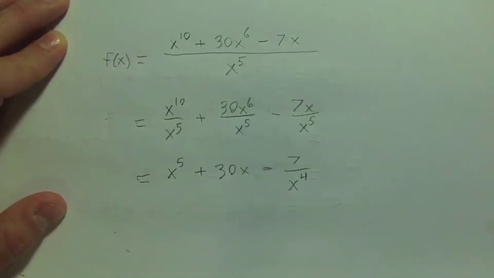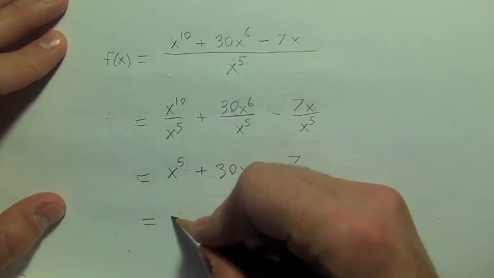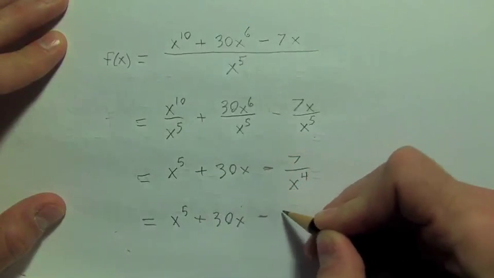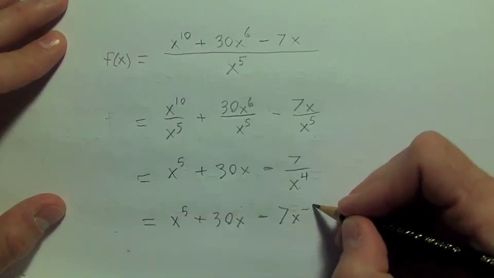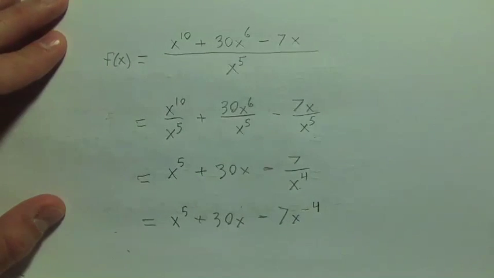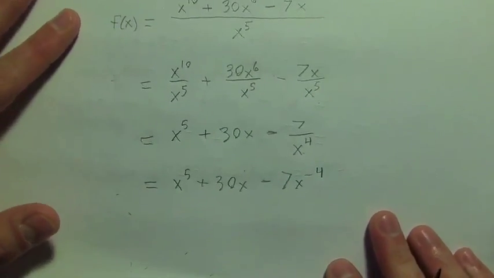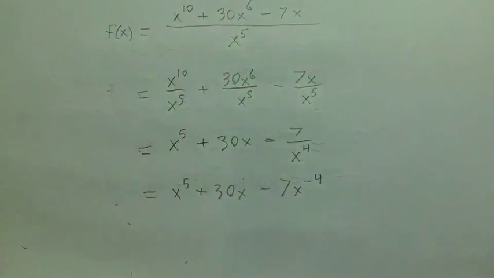So from here, what we're going to do is take one more step of simplification, because 1 over x to the 4th will be x to the negative 4. Right? And now we have it as a sum of powers.